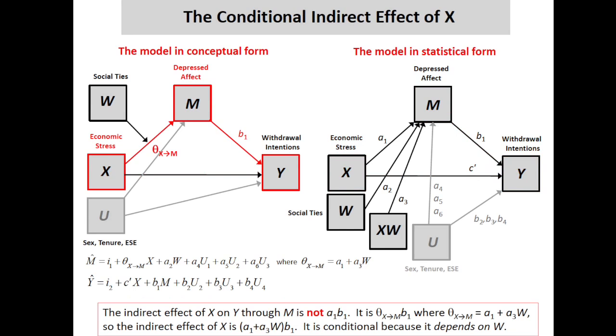Okay, so that allows us then to talk about the notion of a conditional indirect effect. So it's this function here. V1, that is the effect of M on Y. There's no moderation there. So the indirect effect of X on Y through M isn't A1, V1. It's this function theta xm times V1.